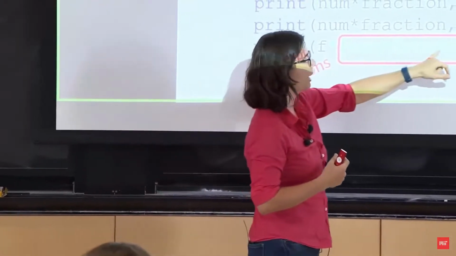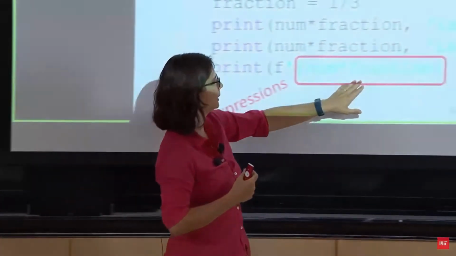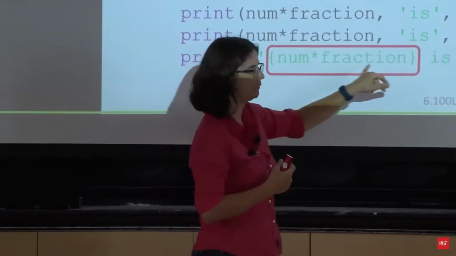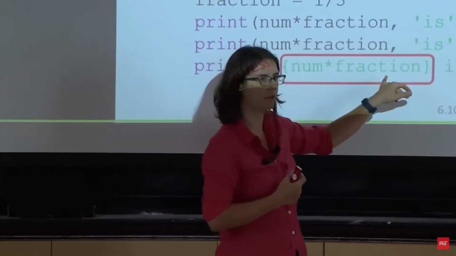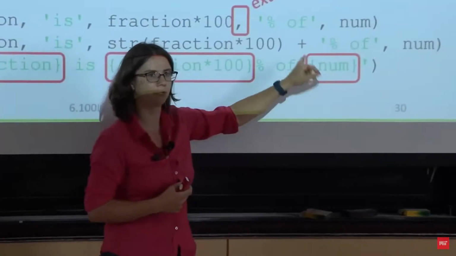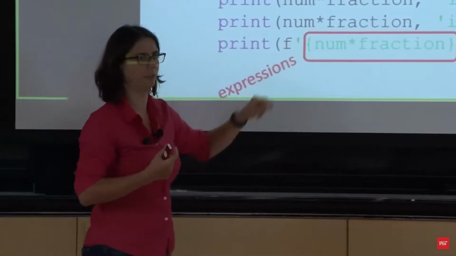Anything that's within a curly bracket is considered an expression in Python. And so before Python prints out the thing to the screen, it's actually going to evaluate whatever num times fraction is. And it knows these are going to be variables. And then later on, fraction times 100, and then later on num. These are all variables or expressions that it will evaluate before actually putting them on the screen.